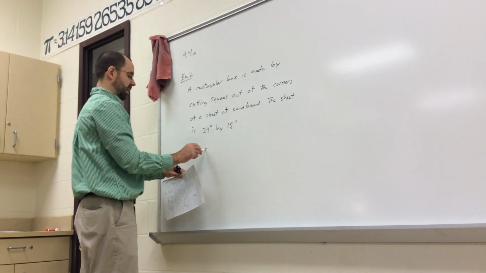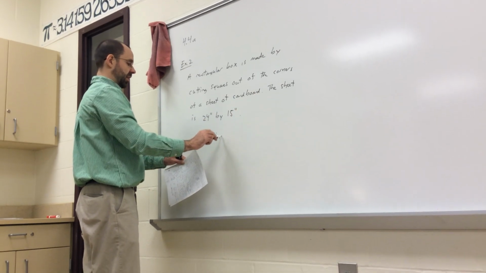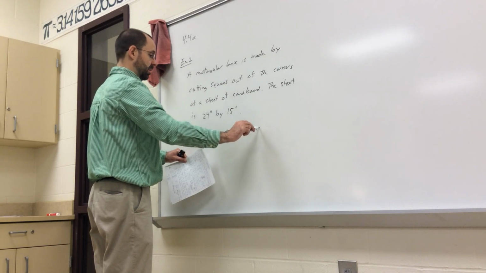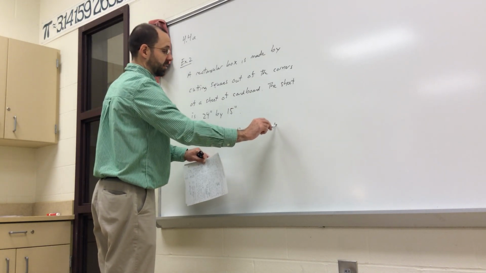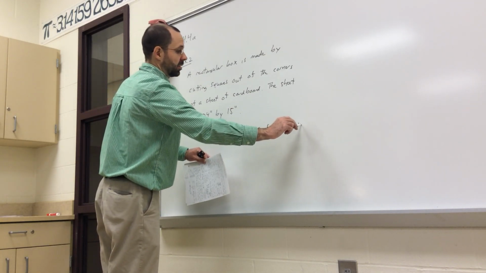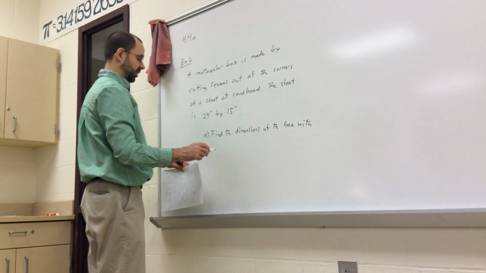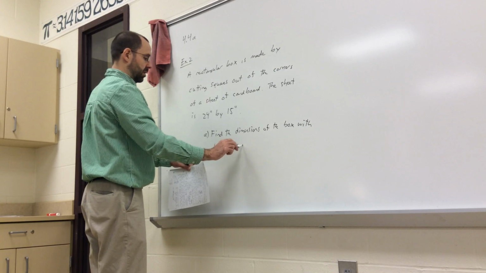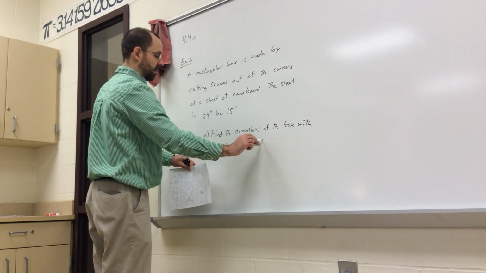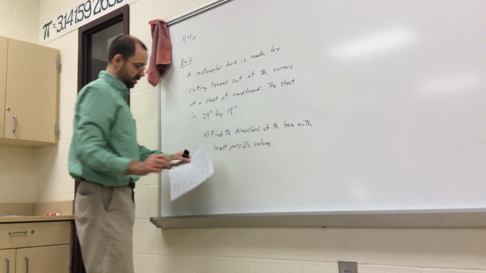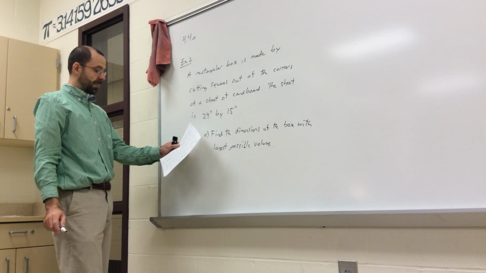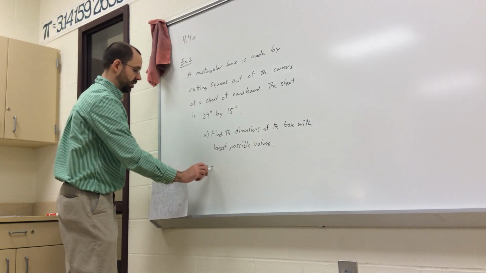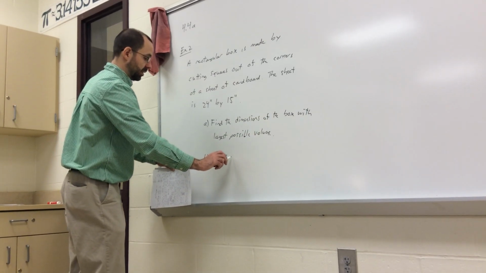So for part A, we're going to find the dimensions of the box with largest possible volume. And then B, we're going to find the maximum volume.